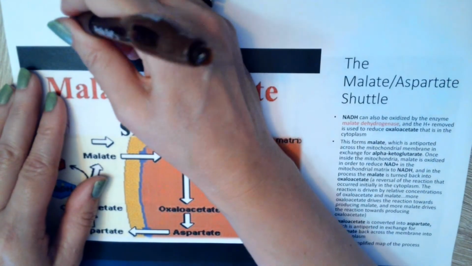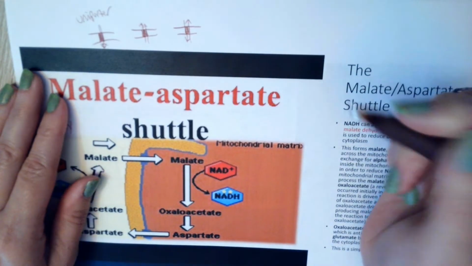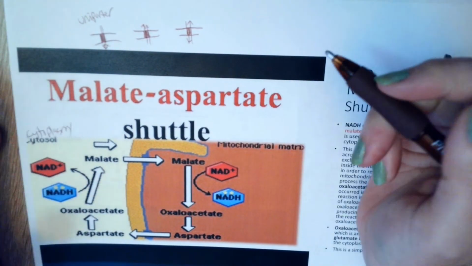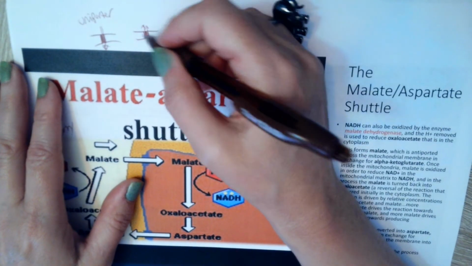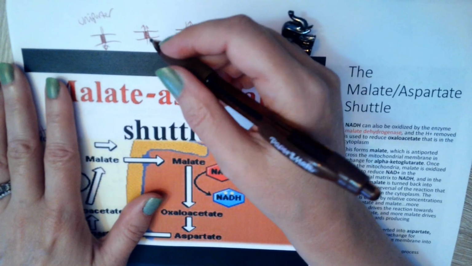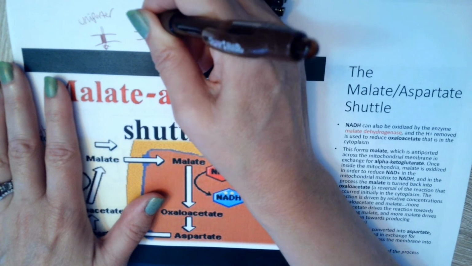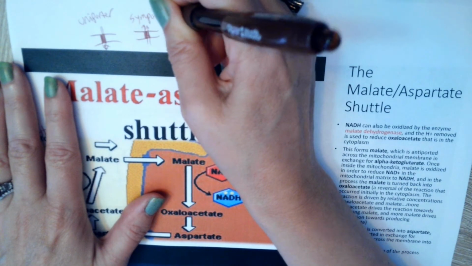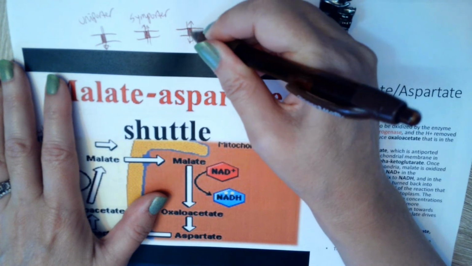If we have one, we would call it a uniporter. So one molecule moving, you would have seen this in a sodium channel. You open a sodium channel and sodium goes into the cell. Here we have two or more molecules moving in the same direction. This would be a symporter. And here we have two molecules moving in opposite directions.